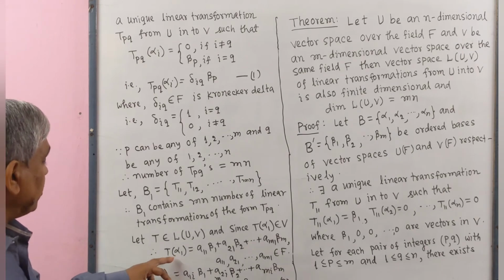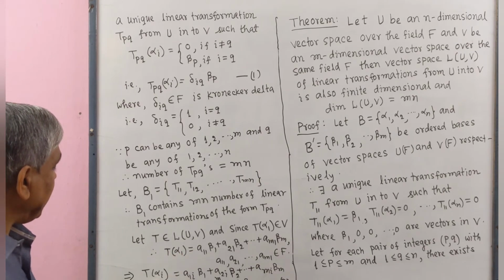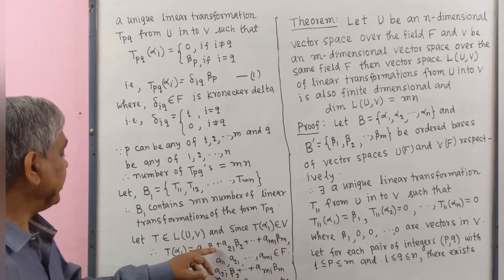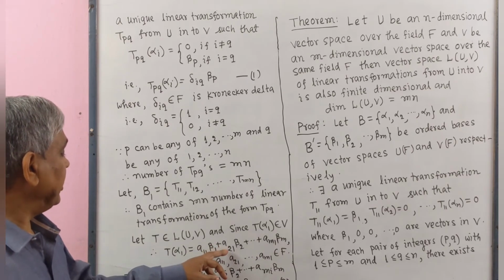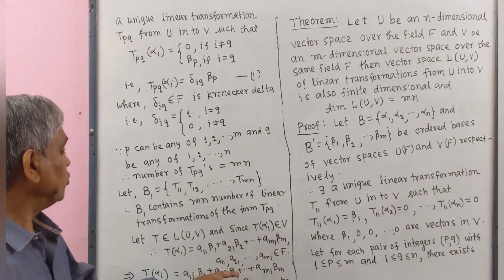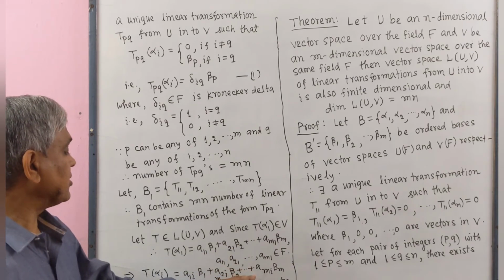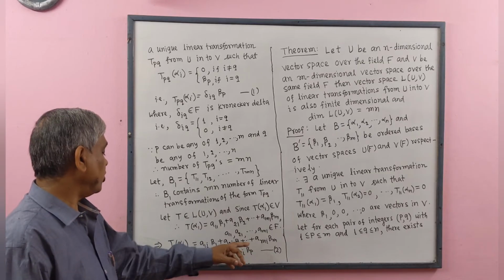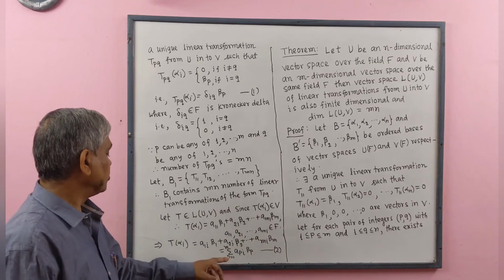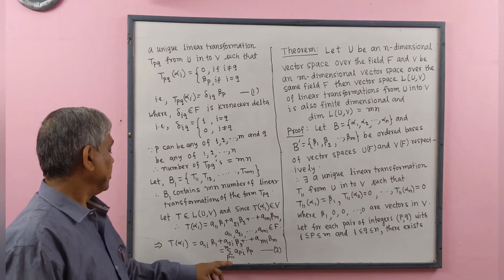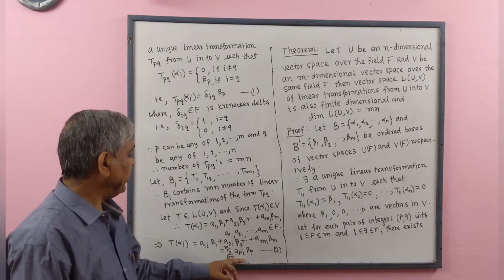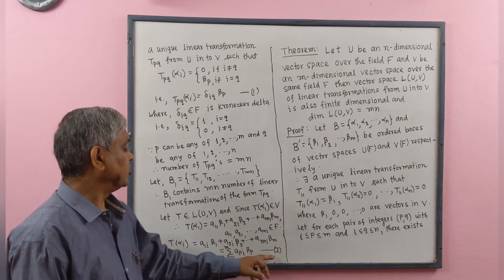In generalized form, we write T alpha I equal to A1I beta 1 plus A2I beta 2 plus ... plus AMI beta m. In short, this is equal to sigma P equal to 1 to M API beta P. This is number 2.